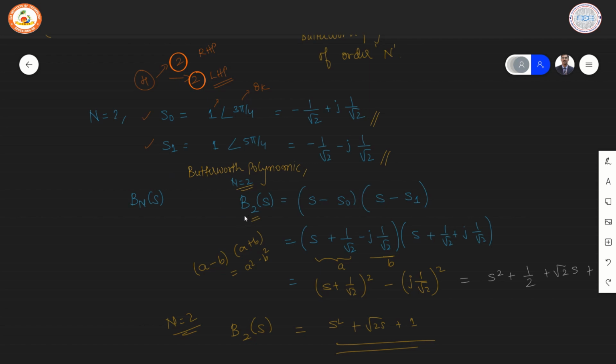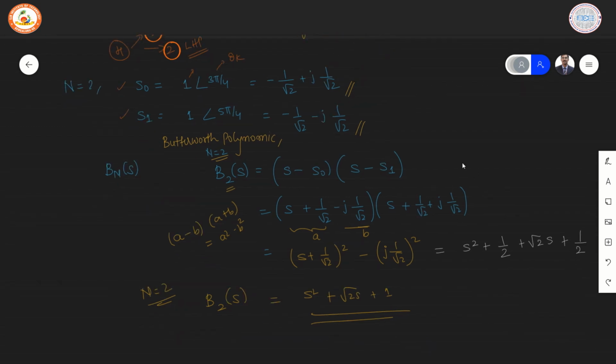Now, inserting it in the Butterworth polynomial Bn of s, for n is equal to 2, the expression becomes B2 of s, and we are considering the two roots S0 and S1. Therefore, substituting the value of S0 and S1 in rectangular form, we get the value as shown.